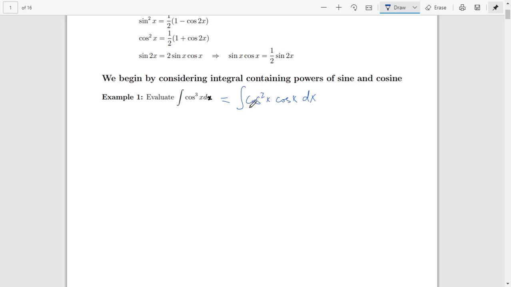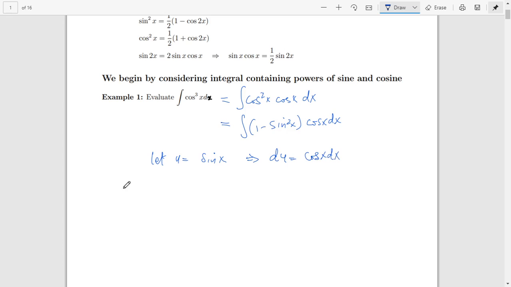So I can write my cosine squared to be equal to 1 minus sine squared of x, times cosine of x, and then the dx. If I make the substitution, if I let my u be equal to sine of x, this then means that my du is going to be equal to cosine of x dx.